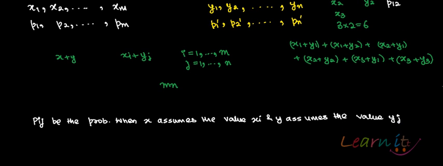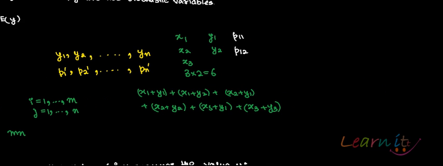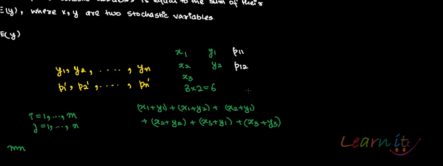Now, if I want to sum it like this, I want to say that the summation of j starting from 1 to n of pij is equal to pi. I'll give you an example here. Let us have a look at pij.